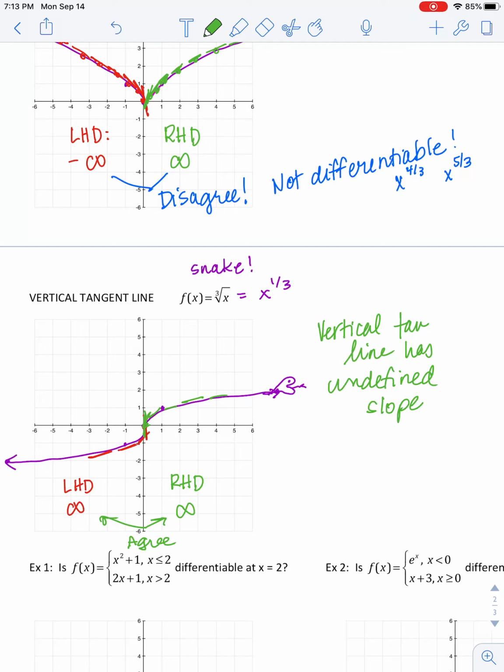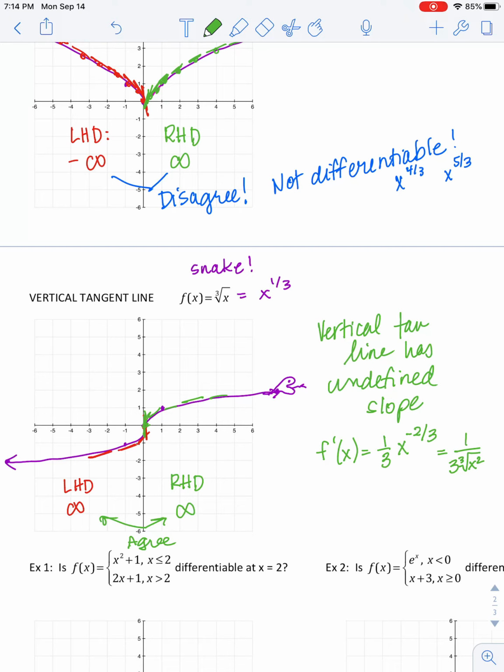The other thing you could look at here is if you took the derivative, brought that power down, decreased it by 1, right? You would have 1 over the 3 would stay there, and then the x to the negative 2/3 would be the cube root of x squared.